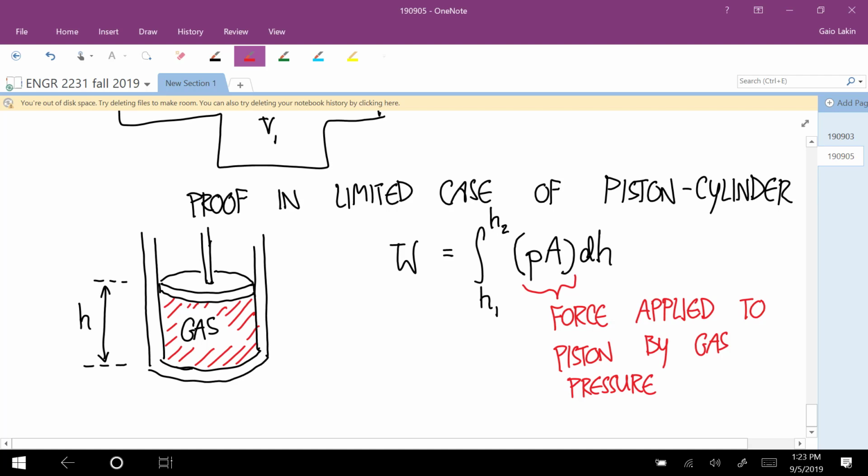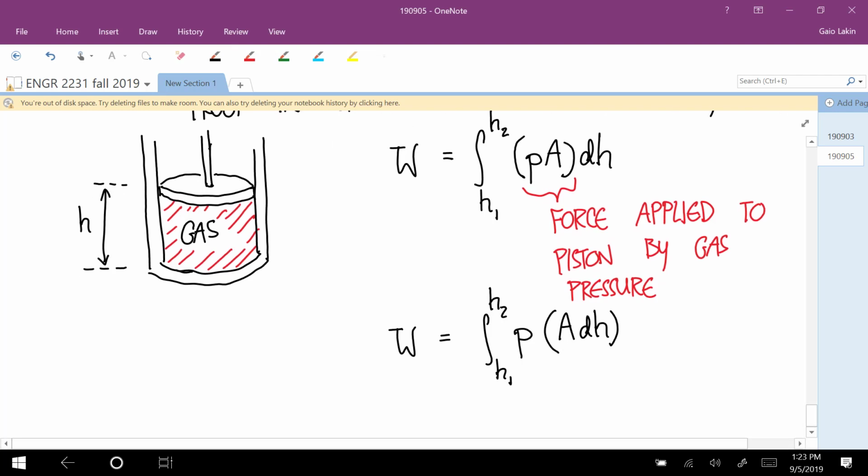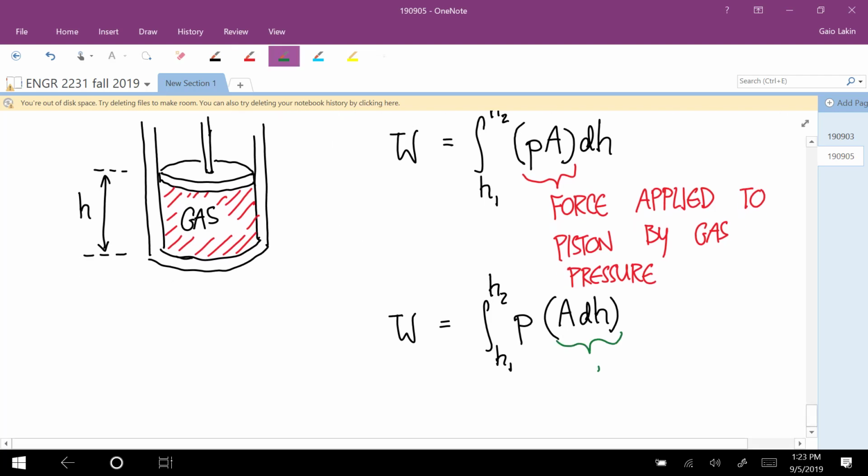So if you have a pressure that's acting over a certain area, the total force that it applies is that pressure times the area. So that's what that PA is there. Okay. And now if you group it differently, you get that W is equal to the integral from H1 to H2 of the pressure times the quantity A dH. And A dH is just, you can think of that as the change in volume.